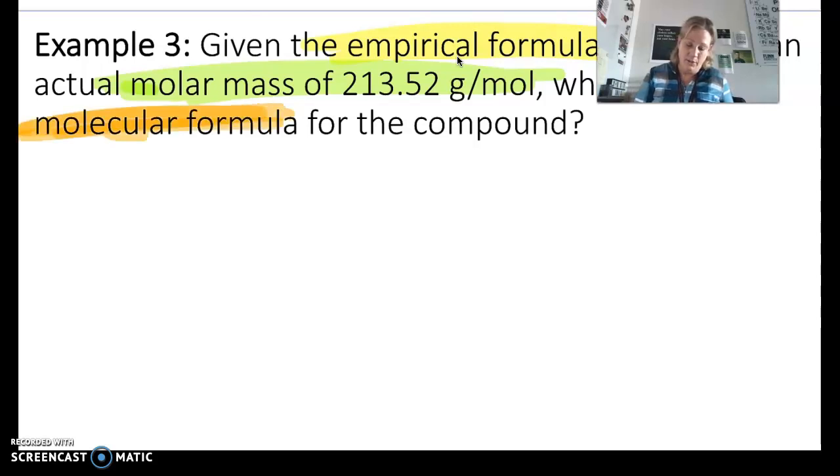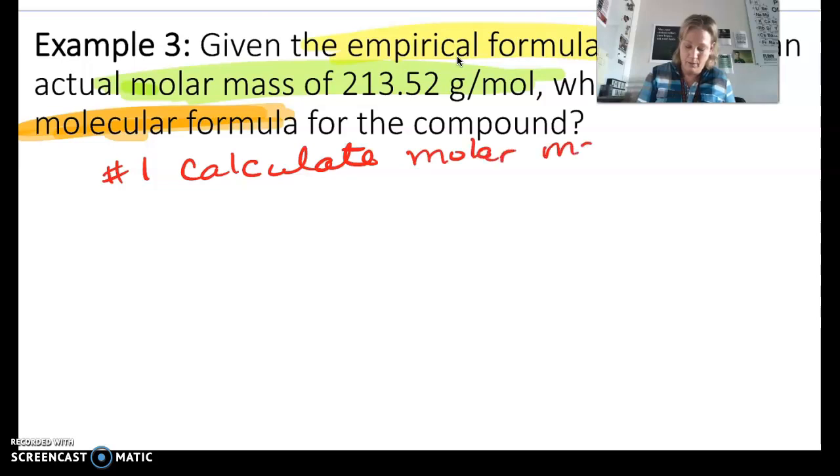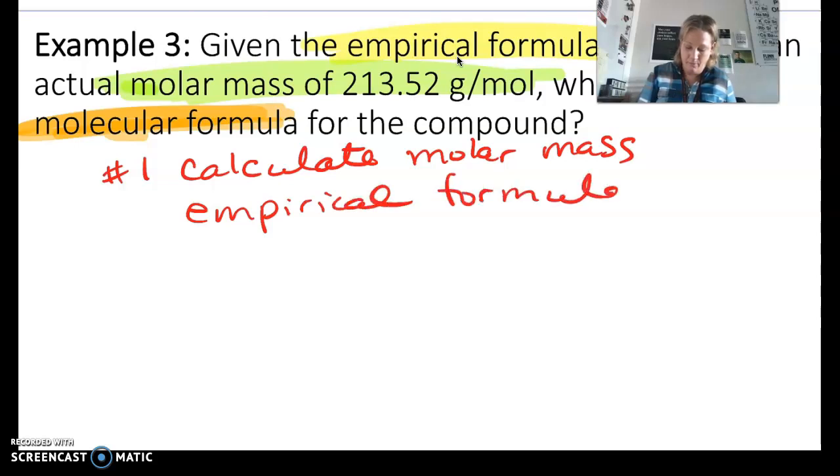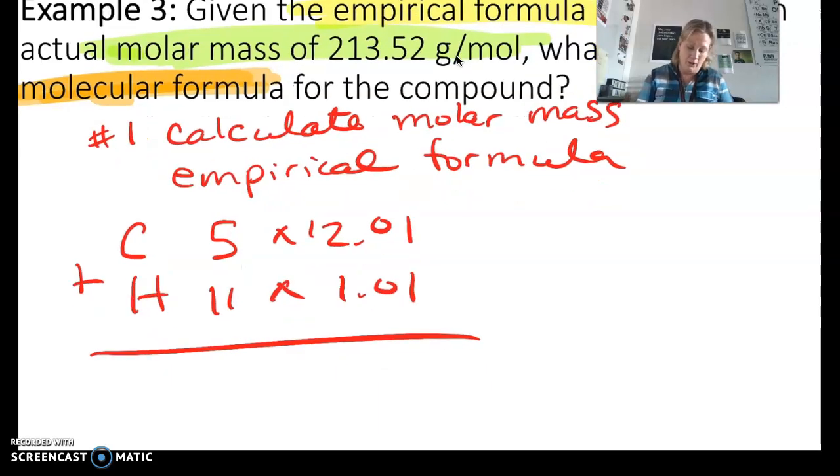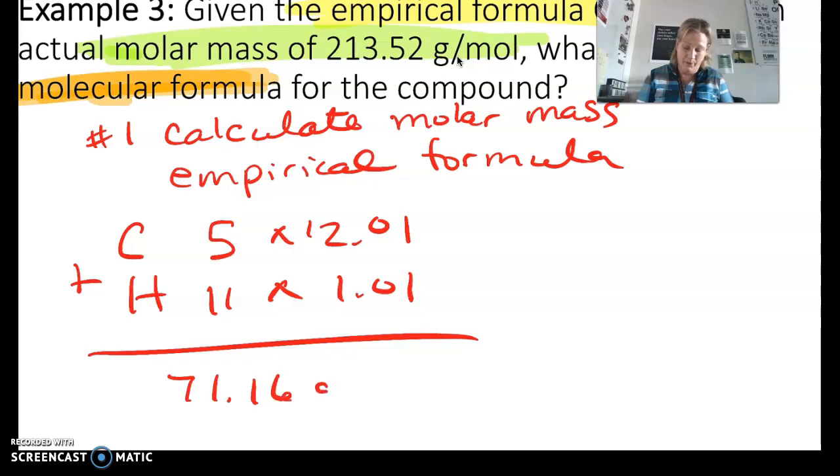So first thing is you want to calculate the molar mass of the empirical formula. So we know it's C and H, there's 5 and 11, and we know that we're going to multiply and then add, and we should get a molar mass of 71.16.